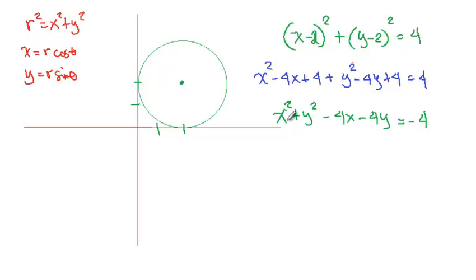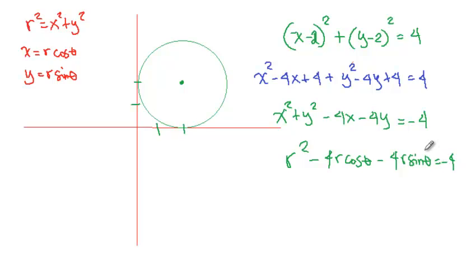And this one is just 4r cosine theta, and 4r sine theta, equal to negative 4.